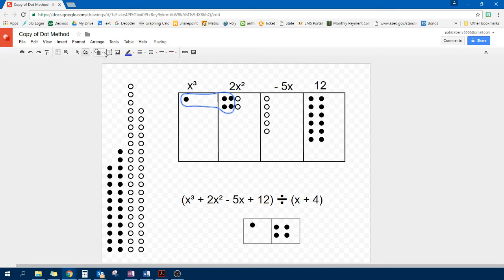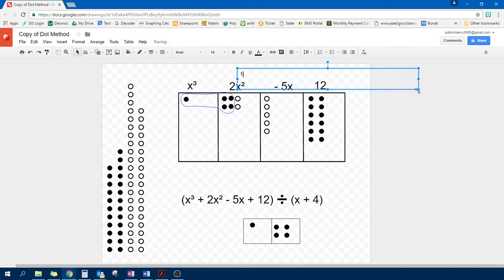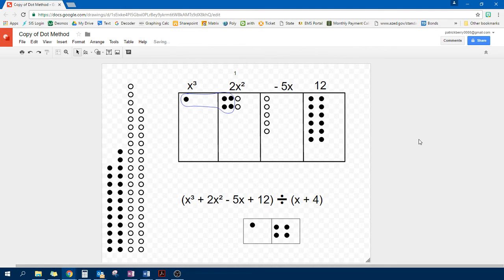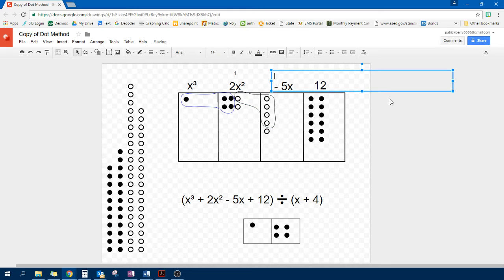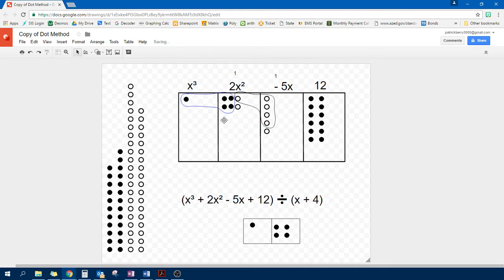Alright. And the next thing you want to do, same thing with the anti-dots. You want to take 1 from the left box, choose 4 on the right. So we'll do 1 paired with 4. So far we have another one right there. Alright, and now we don't have enough.